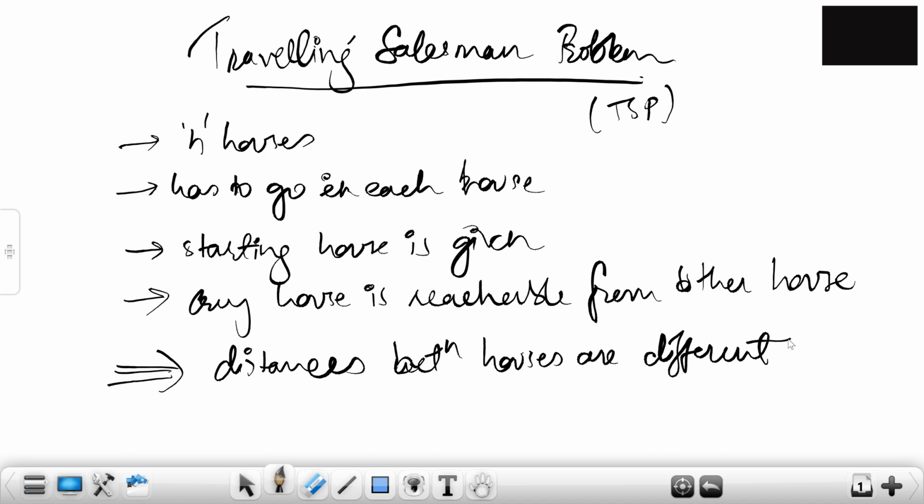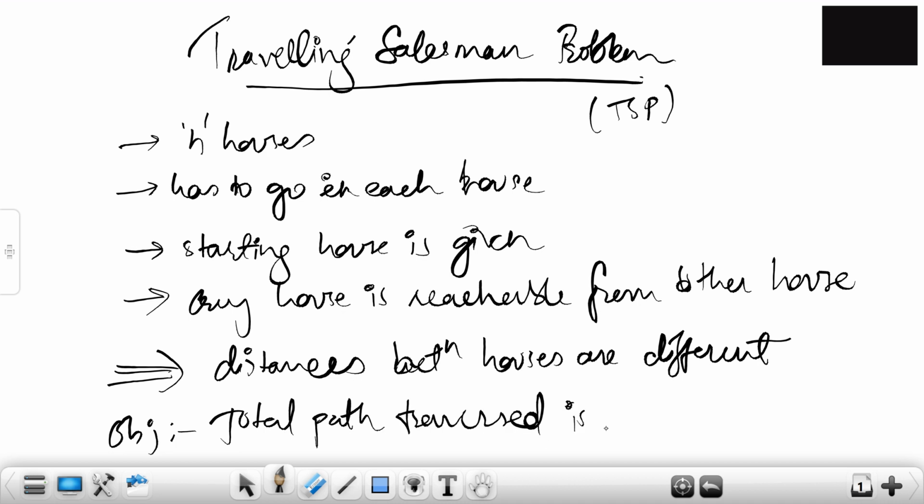So the salesman will travel in such a way that the total length of the path traveled is minimum. So what is your objective over here? The objective is that the total path traversed is minimum. That's what we want in this case.